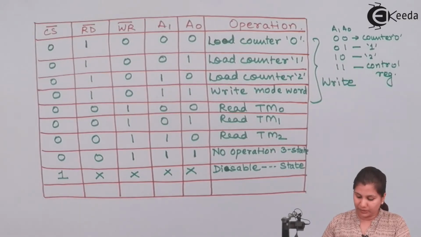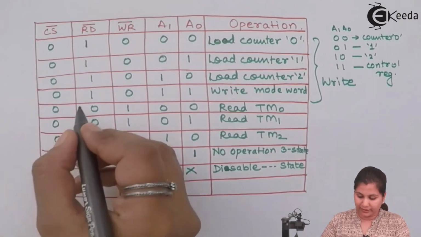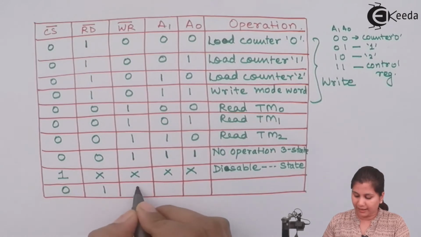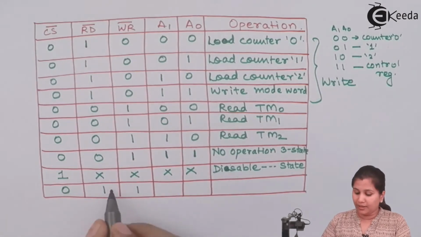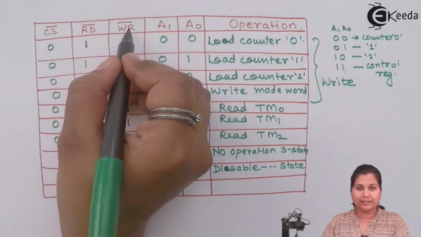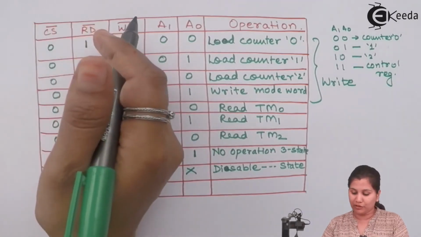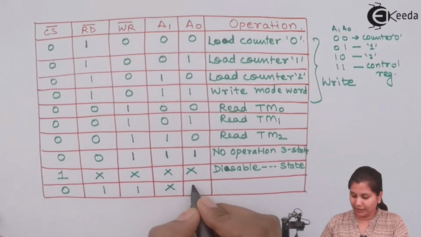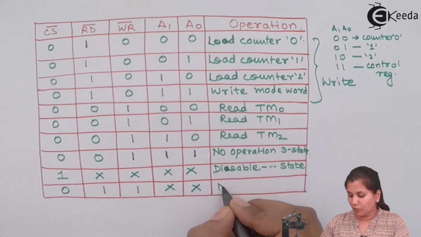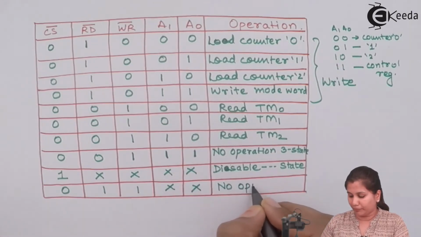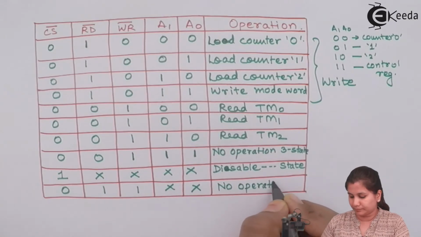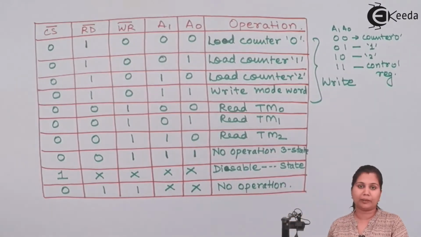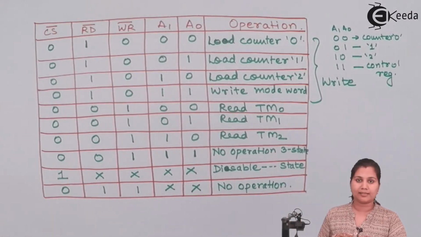Now if the chip select signal is 0 and the read and write signals are both at logic 1, but their value has to be 0 for a read or write operation, and their value is 1 1, then whatever the value of A1 and A0, again no operation will be performed, and again the buffer will be in the high impedance state.